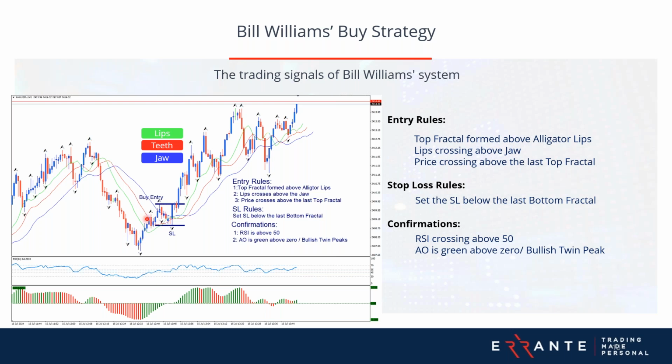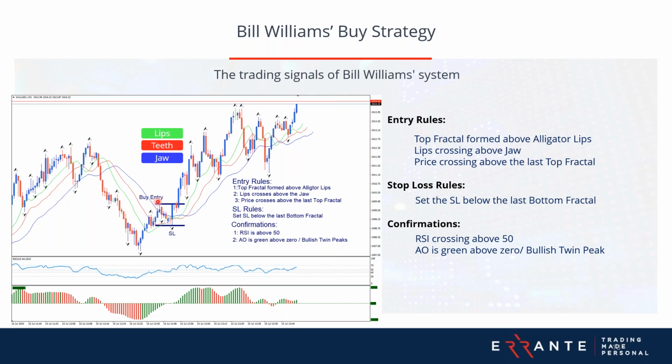These are all signs of losing bearish momentum. So first identify a top fractal above the alligator lips. As soon as the price gets above the alligator like this and forms a top fractal, it means the sentiment in the market is changing.